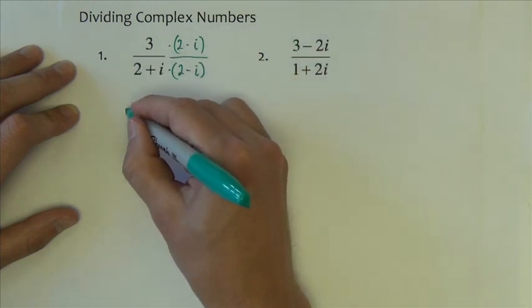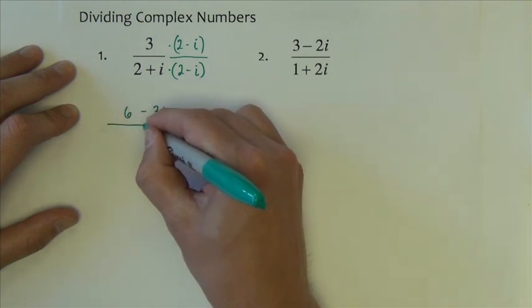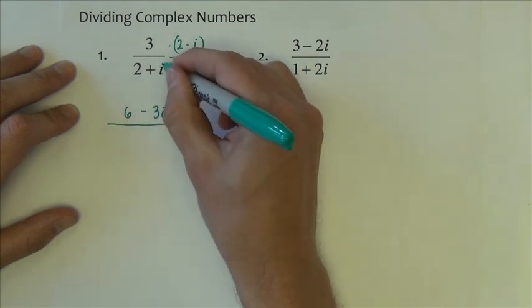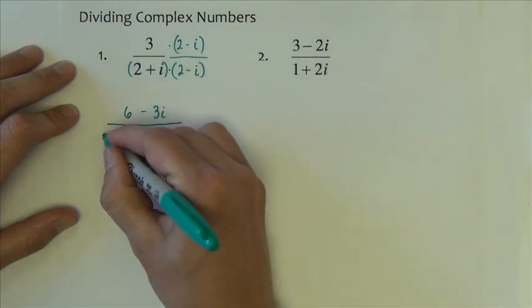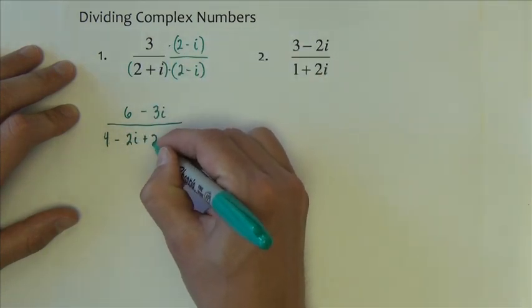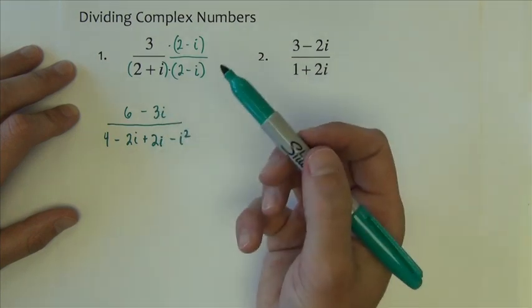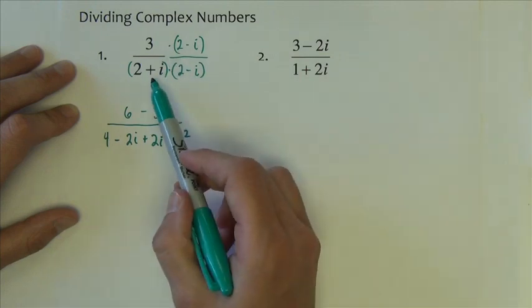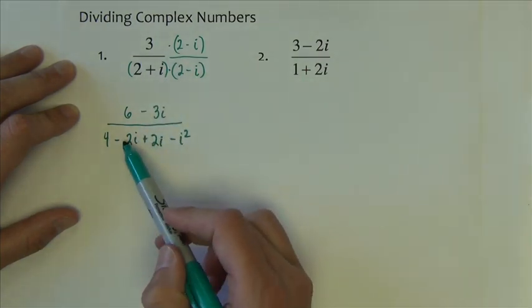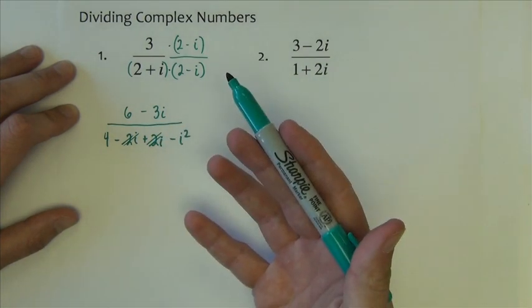Okay, so the numerator becomes 6 minus 3i. The denominator we're going to FOIL becomes 4 minus 2i plus 2i minus i squared. What should happen is that these i's in the middle cancel out. Negative 2, positive 2 cancel out. They add to 0.